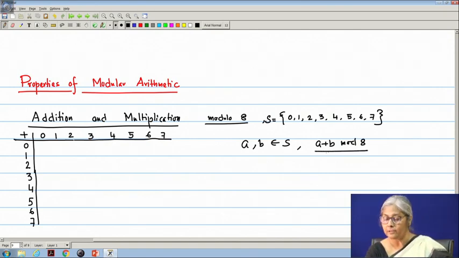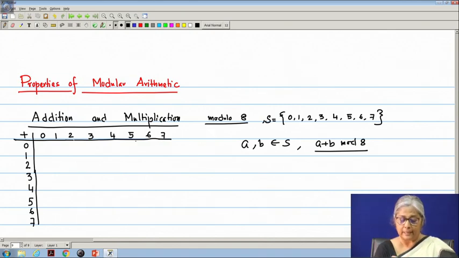That means I will add two numbers and take the remainder when it is divided by 8. Now, A can be 0 to 7, and B can also be 0 to 7. So, we will be adding these two numbers and taking the remainder by dividing by 8.